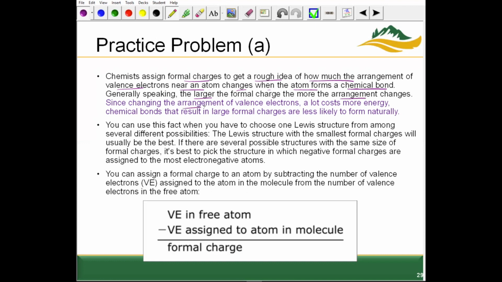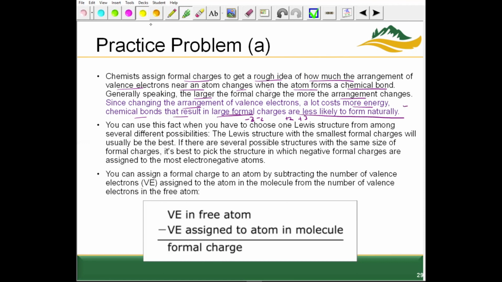Changing the arrangement of valence electrons costs more energy, so chemical bonds that result in large formal charges like -3, +3, -2, or +2 are not ideal. Chemical bonds that result in large formal charges are less likely to form naturally.